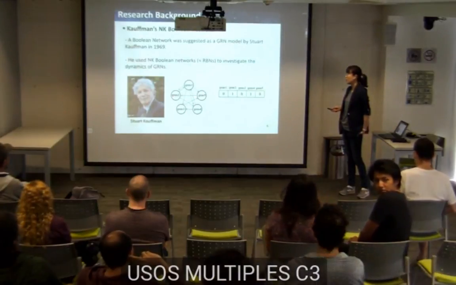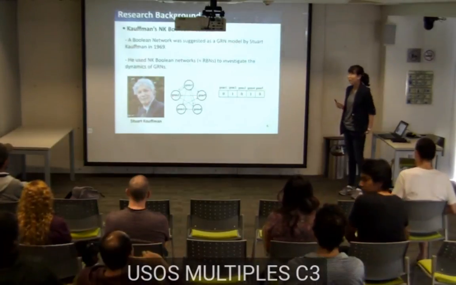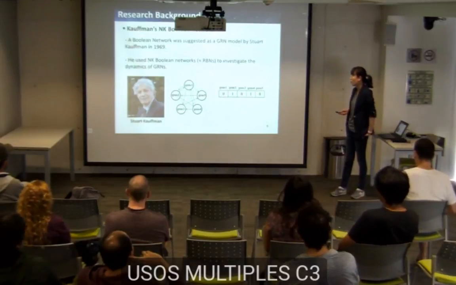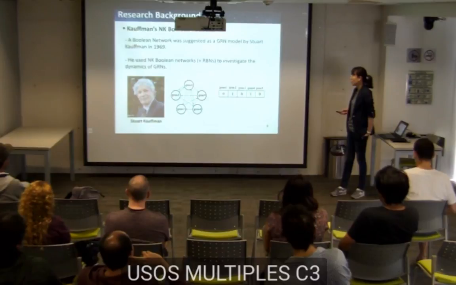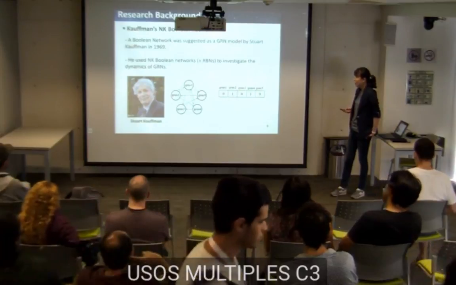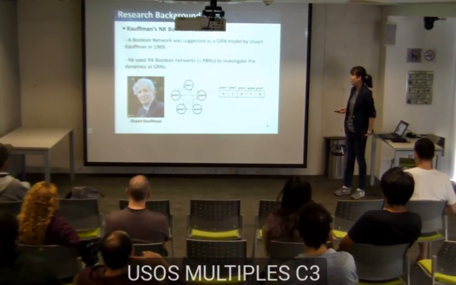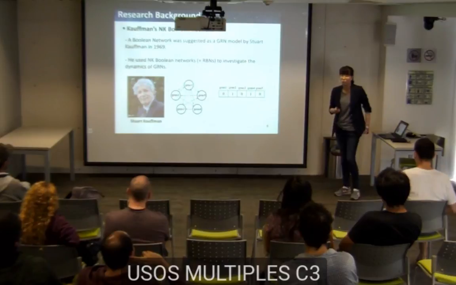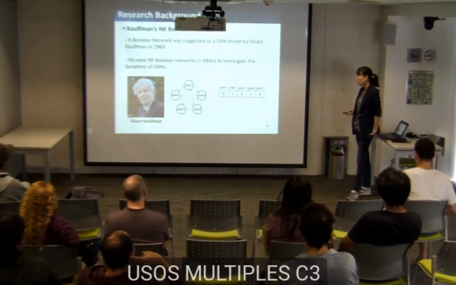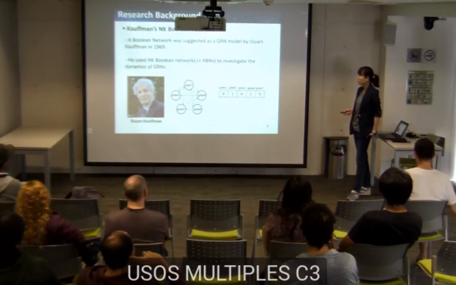Here, N is the number of nodes. K is the number of input links per node. One node is assumed as a gene. The state of a node can be 0 or 1, inhibited or activated. The state of a node can be updated by the input nodes and assigned Boolean functions.